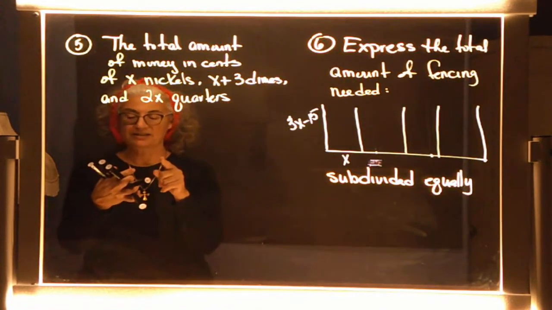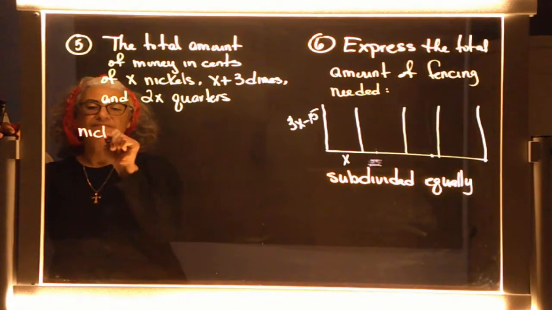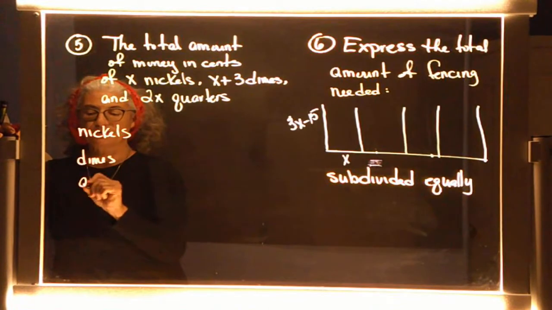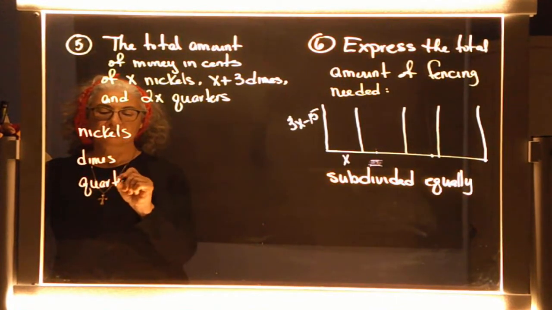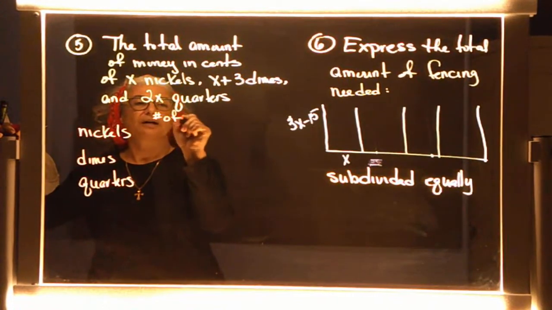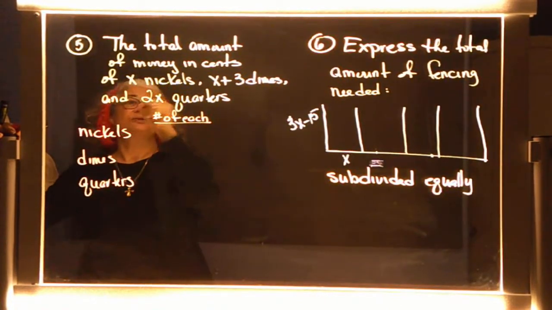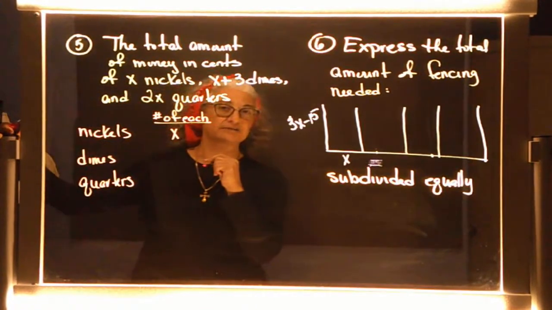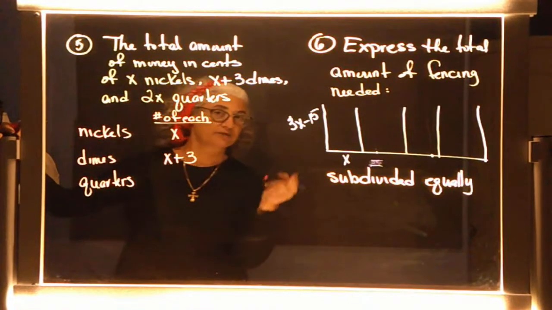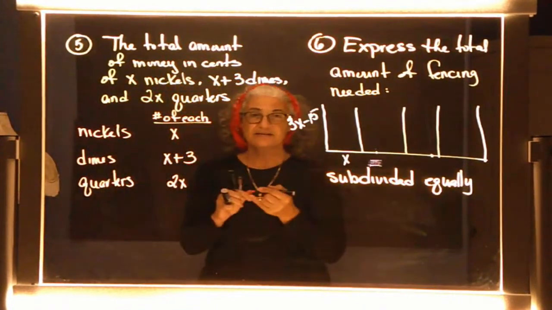We have got nickels, dimes, and quarters, right? And the number of each, well, they told us x nickels, correct? And they told us we had x plus 3 dimes, right? And then they said we had 2x quarters, yes?